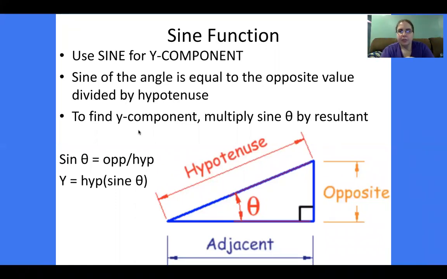To rearrange that equation to get opposite by itself, we multiply both sides by the hypotenuse, and we end up with the opposite side, or y, equals the hypotenuse times the sine of the angle theta. So taking the sine of this angle times the hypotenuse will calculate the length of that side.